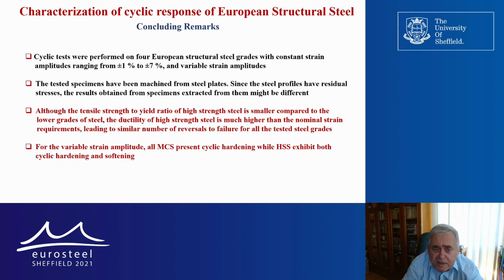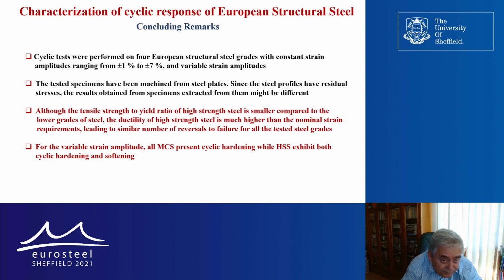Although the tensile strength to yield ratio of high strength steel is smaller compared with the lower grade mild carbon steel, the ductility of high strength steel is much higher than the figures we find in the nominal strain requirements in the codes. Practically they are leading to similar number of reversals to failure for all the tested steel grades.